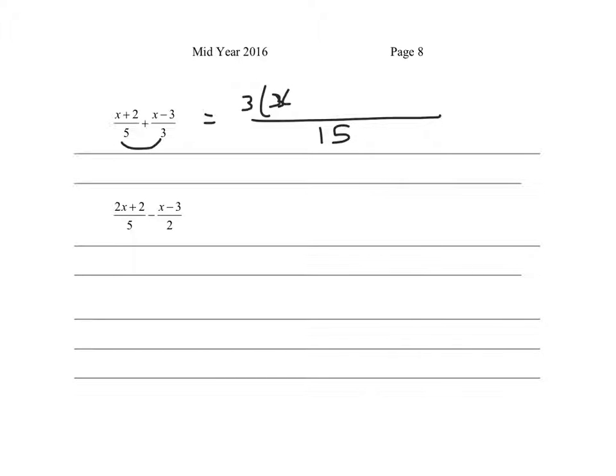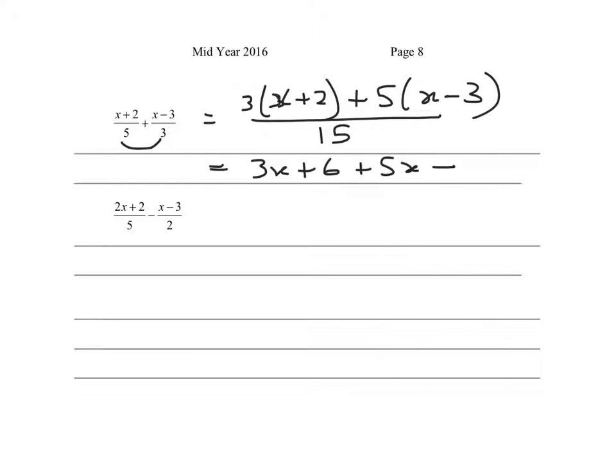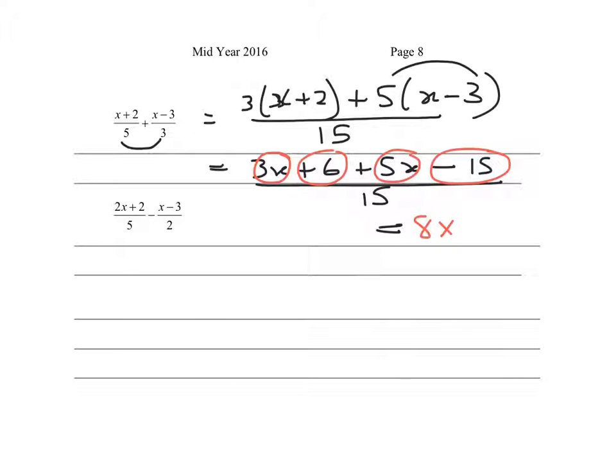X plus 2 gets multiplied by 3, plus 5 times x minus 3, equals 3x plus 6 plus 5x minus, this is 15, all over 15. And we can simplify that. We've got a 3x on top and a 5x, so I have 8x, and I've got 6 minus 15 is minus 9, all over 15.